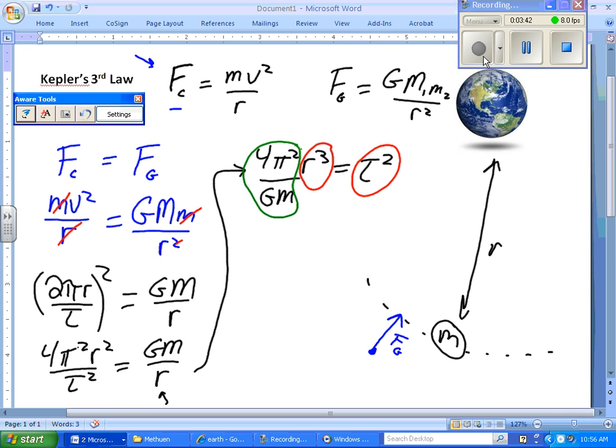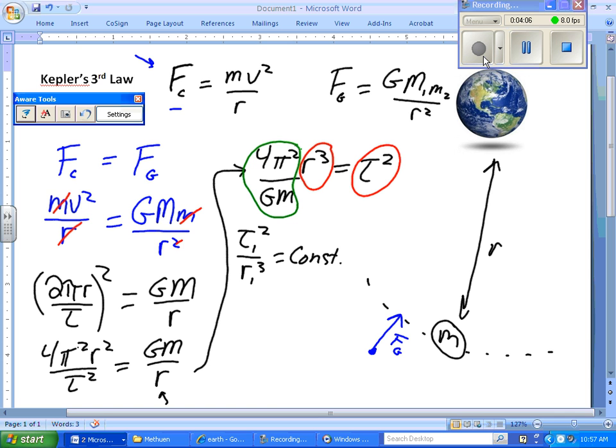And from that, since they are proportional, I can say things like this. I can say tau squared over r cubed is equal to a constant. So any tau and any r would equal this same constant, 4 pi squared over GM.